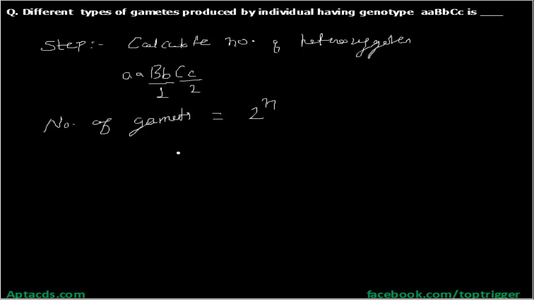If I put the value of the number of heterozygotes in the formula, 2 to the power 2 makes 4. Therefore, the number of gametes for the genotype is equal to 4.